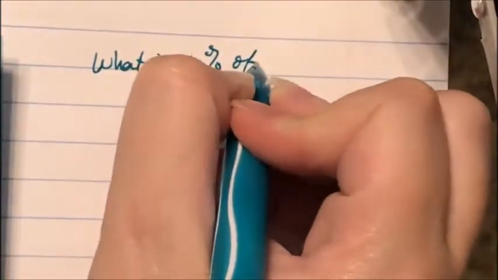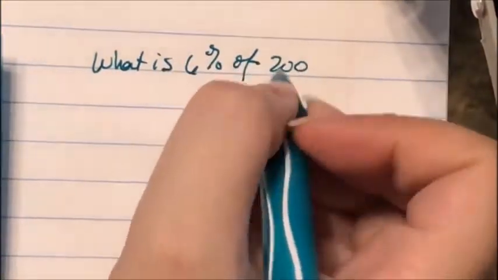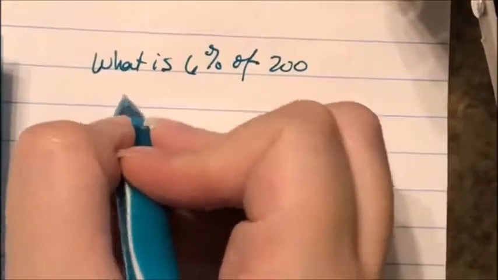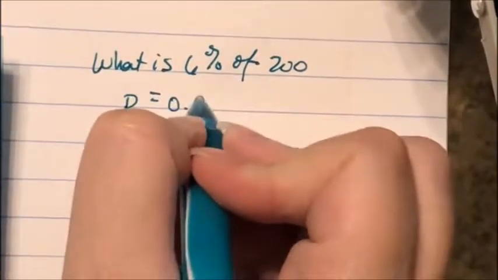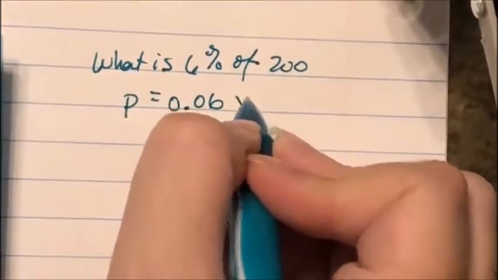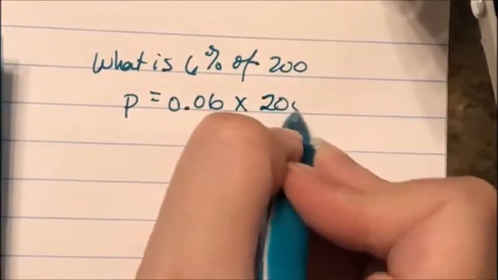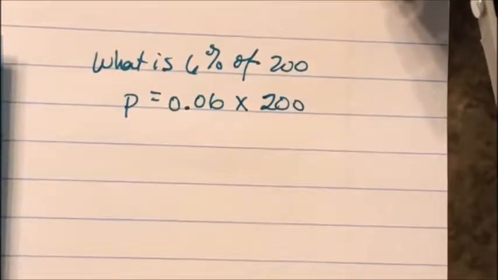So part equals my percent. 6% changes to 0.06. Of means multiply, 200. So I just multiply. 0.06 times 200 is 12.